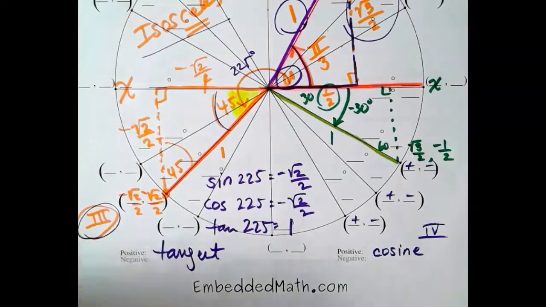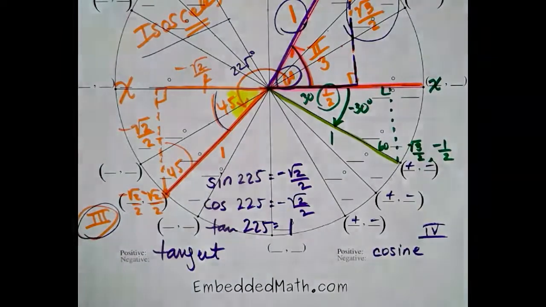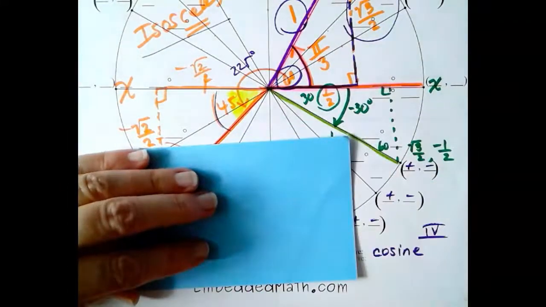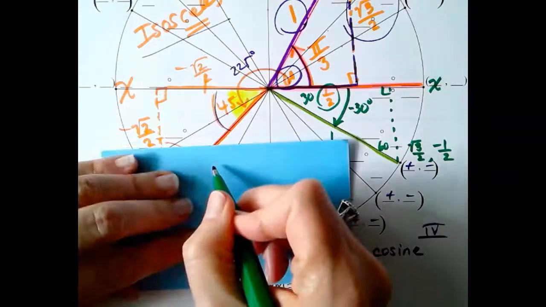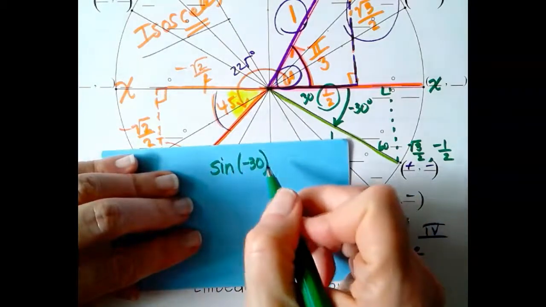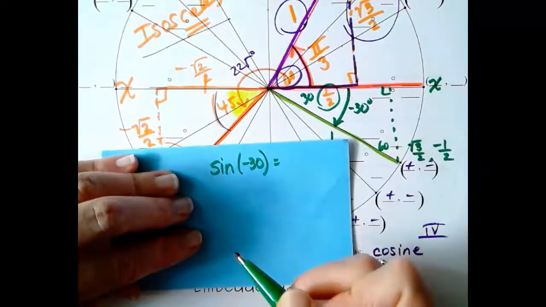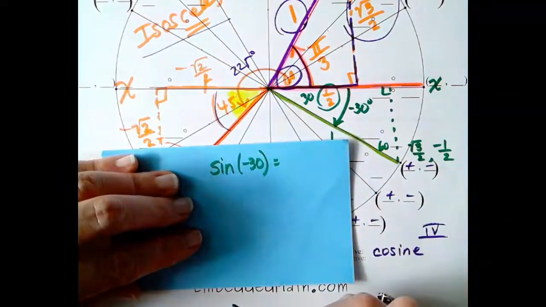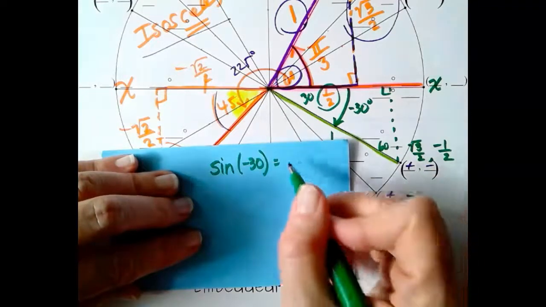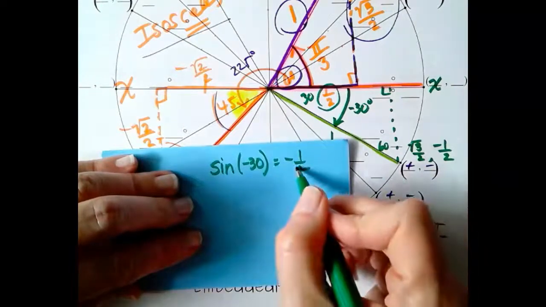So from here, and because my work is getting so messy, let's go and utilize an index card here. So if I have the sine of a negative 30-degree rotation, down 30, it's creating this triangle. My sine evaluation is going to be the y-coordinate, which is negative 1/2.